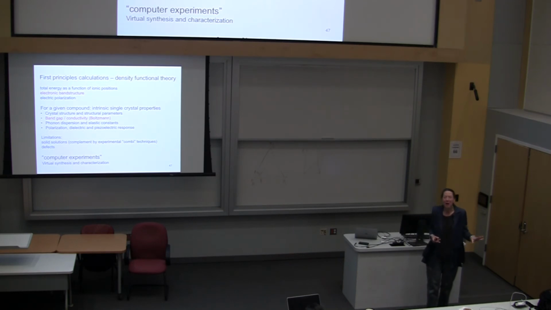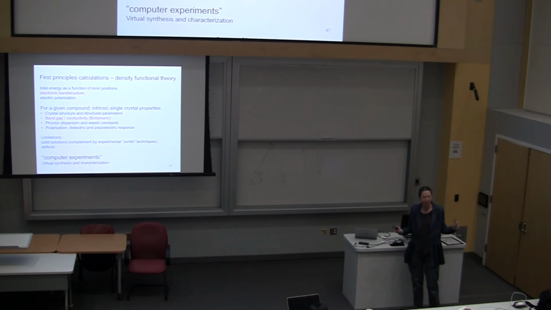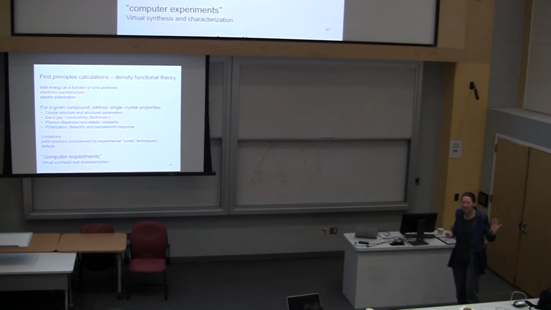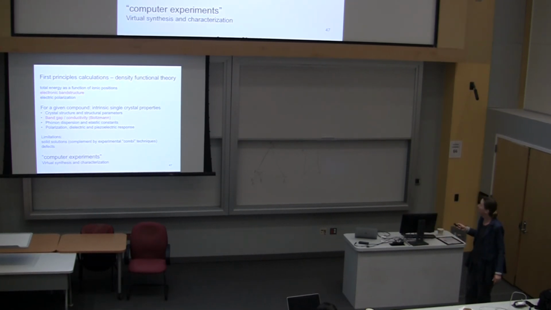So on the other hand, this is good because we can compute some properties for you and say maybe you should spend a year making the superlattice, it's that interesting, or not, right? So again, it's very complementary.